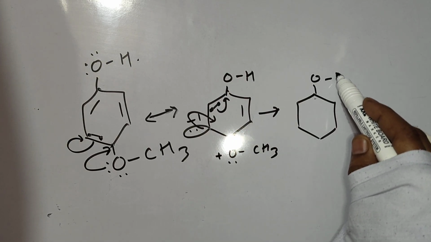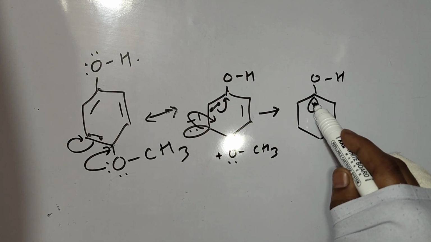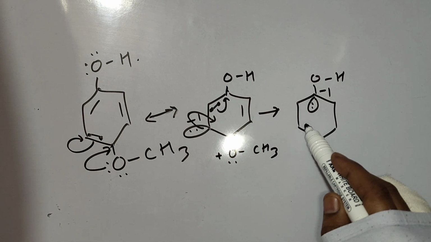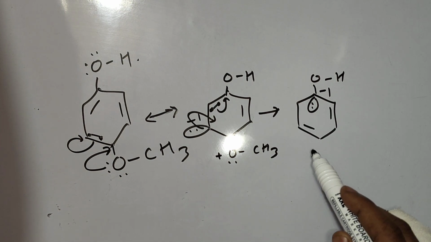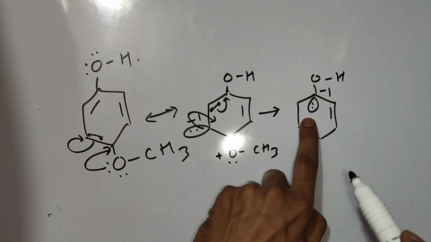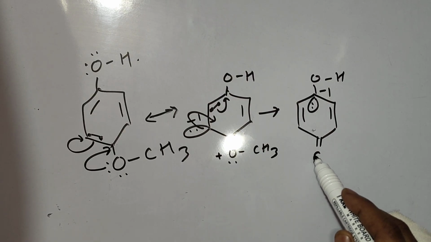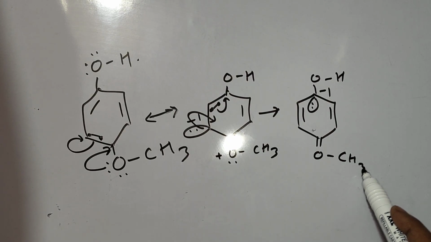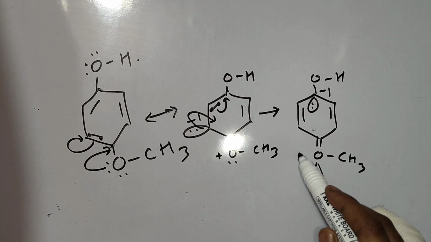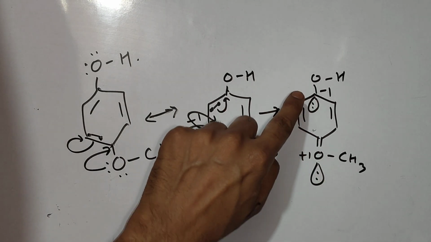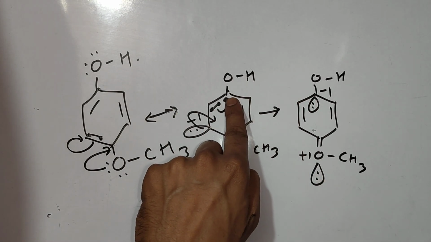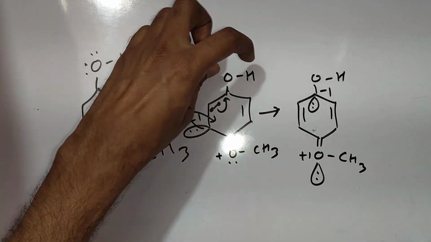You can check, electrons are coming on the carbon to which double bond will come here. Check. The electrons are coming onto the carbon on which OH group is attached.